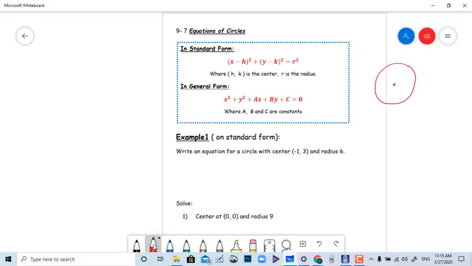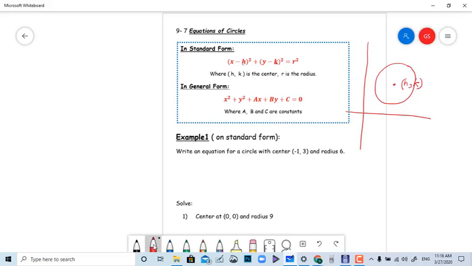If we have it on a coordinate plane, there are coordinates for this center point, x and y. Here we call them h and k. Here h and k are the coordinates of the center of the circle.